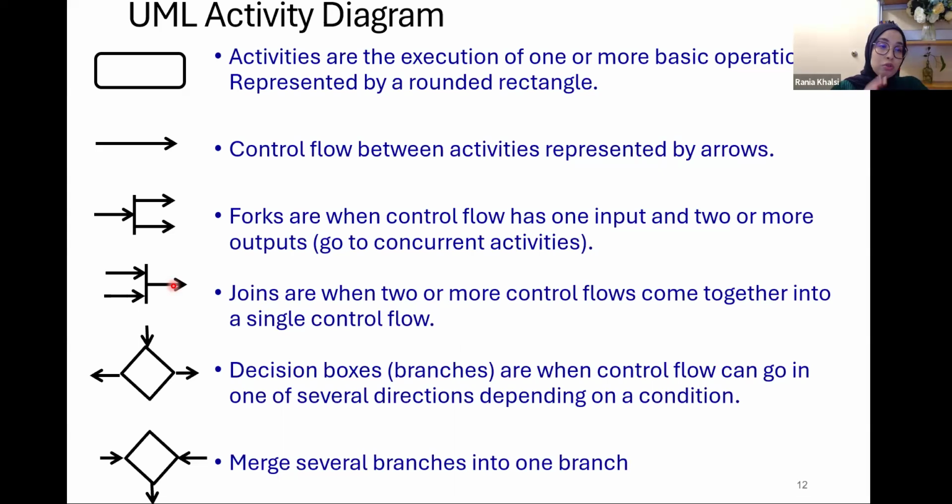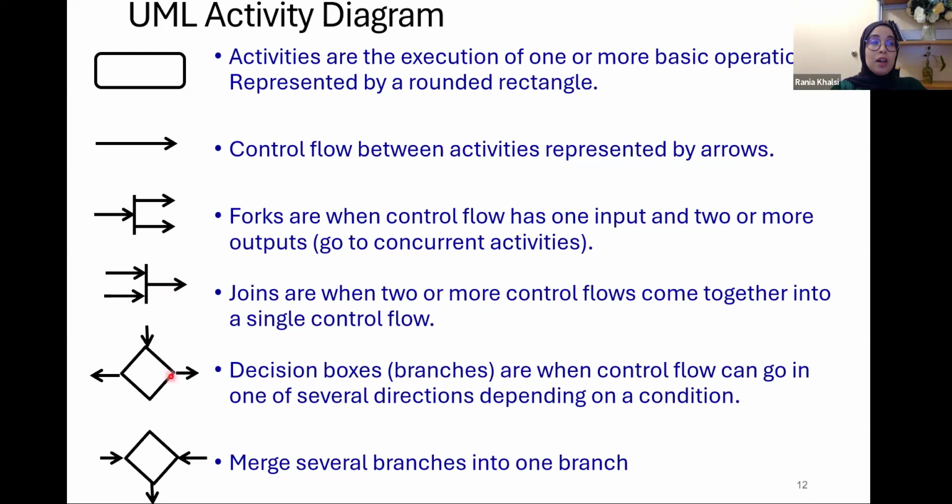So there are fork and join. Fork has one input, multiple outputs. The opposite, join, has multiple inputs and one output.